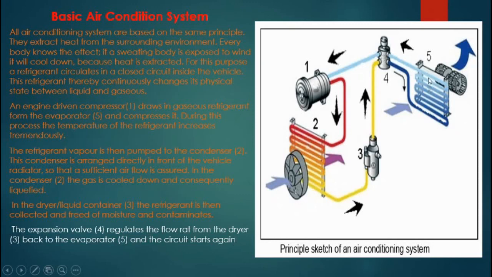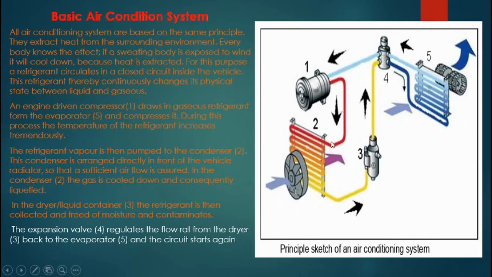This is the evaporator, and here is our refrigerant, our gas in vapor form, and this is the compressor which is driven by the engine. It draws in these vapors and compresses them, and after compression sends this to the condenser. When it is compressed, here you can see it's red, a tremendous temperature increase of this refrigerant.